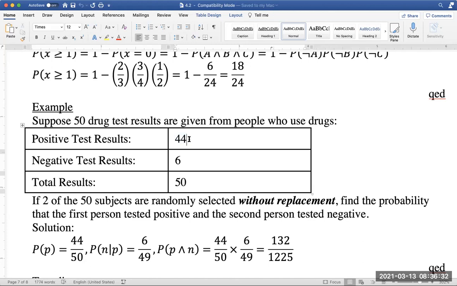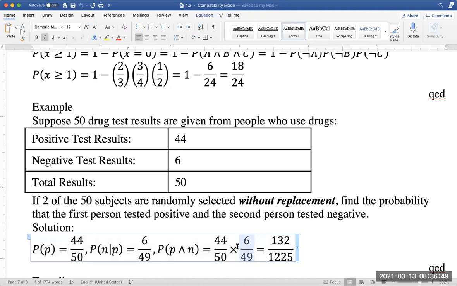So there are only 43 positives remaining. The second person tests negative, so 6 of the remaining 49 tested negative. And so multiply 44 times 6, 132, 50 times 49.